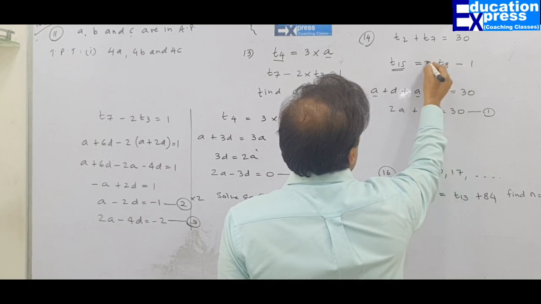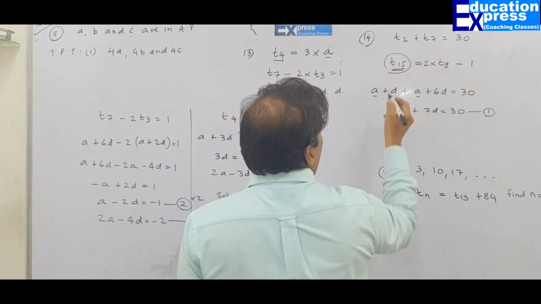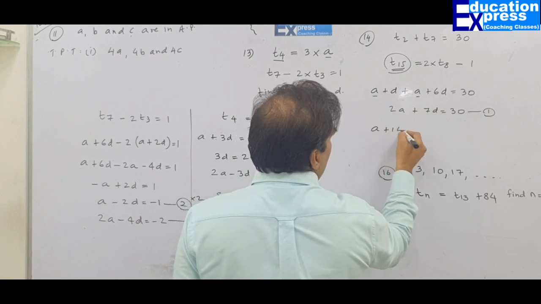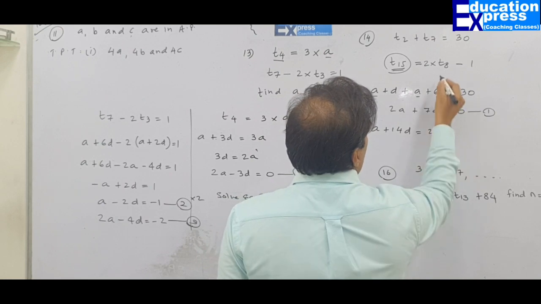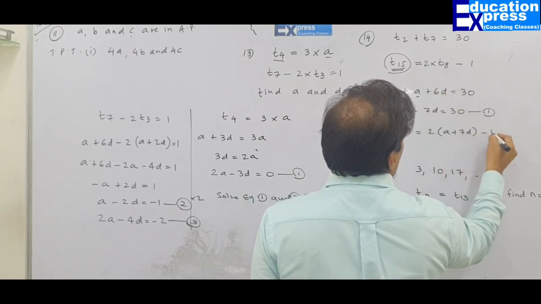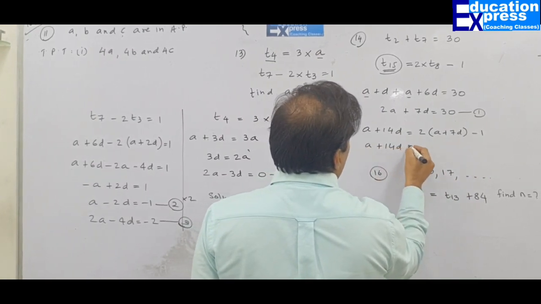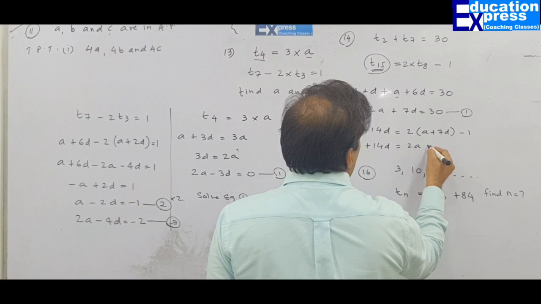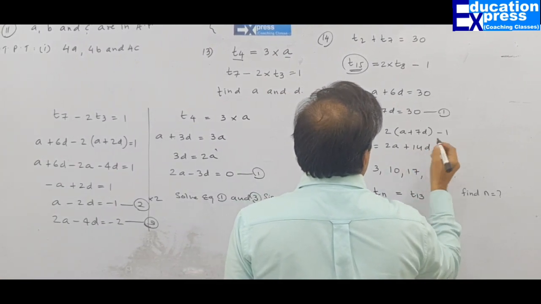Twice means 2 times the 8th term. So what do we do? T15 can be written as a plus 14d, equals 2 times T8, which can be written as a plus 7d, minus 1. So a plus 14d equals 2a plus 14d minus 1.